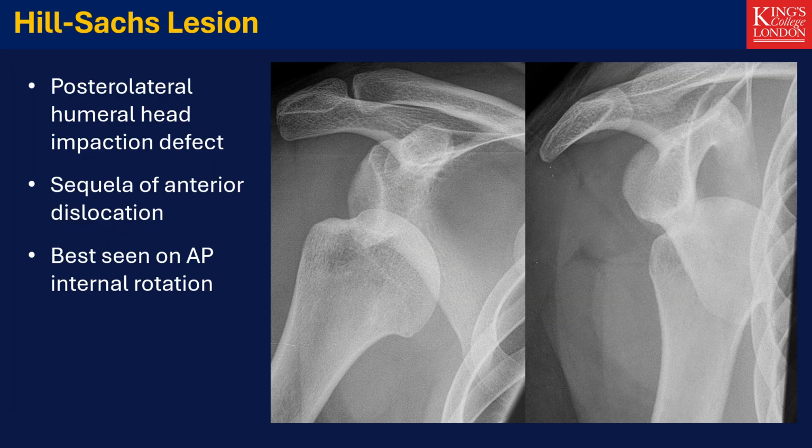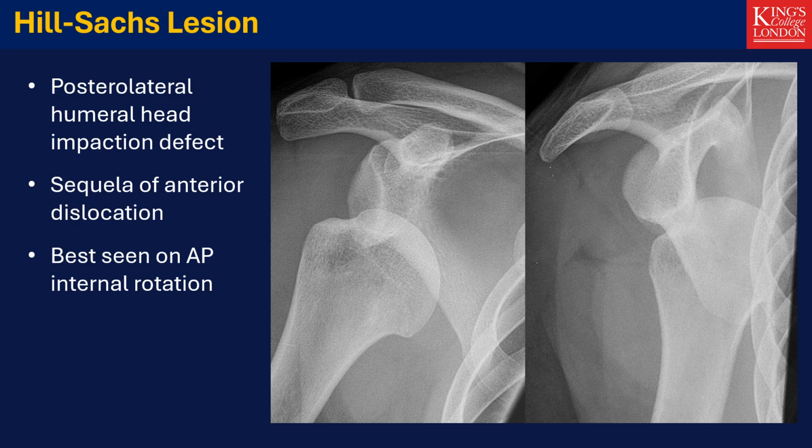A Hill-Sachs lesion is an impaction defect of the posterolateral humeral head caused by contact with the anterior inferior glenoid rim during anterior dislocation. On plain radiographs, it is best appreciated on the AP internal rotation view. Internal rotation profiles the posterolateral humeral head and makes the cortical depression more conspicuous.